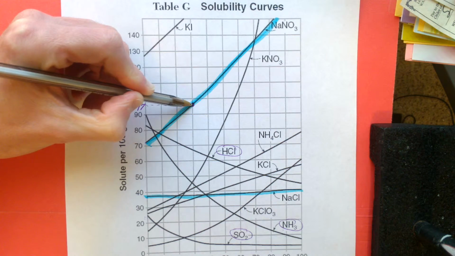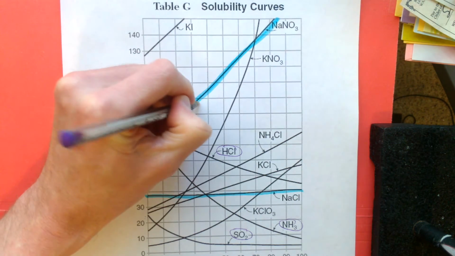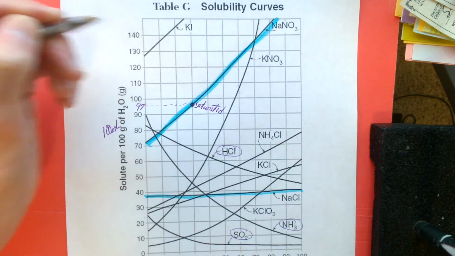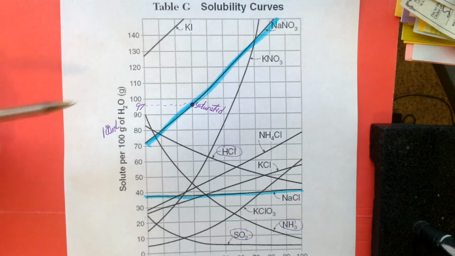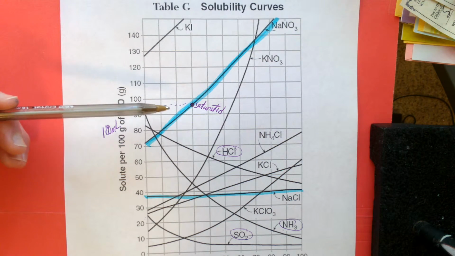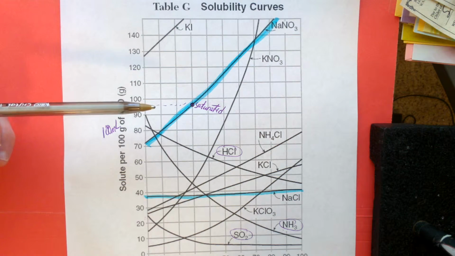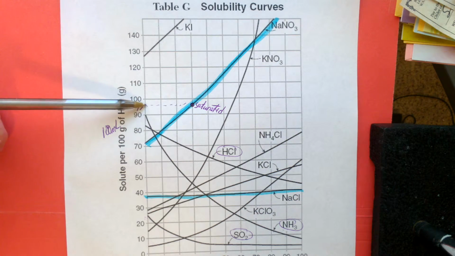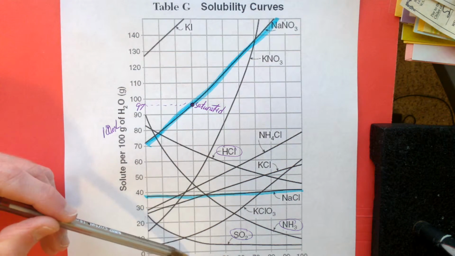Okay, that is what we term a saturated solution, meaning any more at that temperature that is attempted to dissolve, it won't. It'll settle on the bottom. So it's a saturated solution, the maximum amount that can be dissolved at a given temperature.